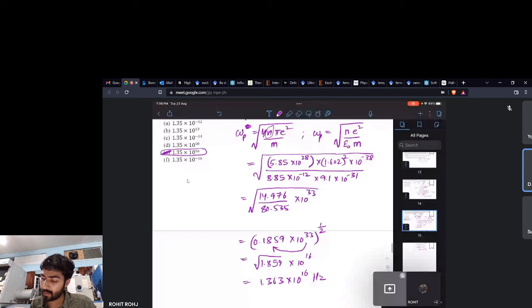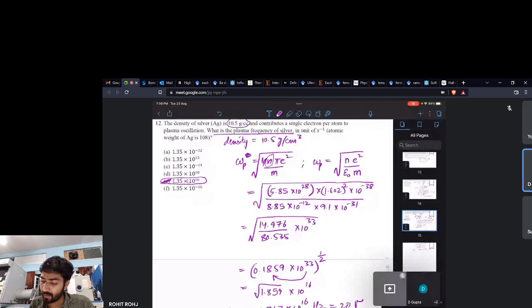But the question says to find the frequency in terms of hertz, and per second is hertz, so that is why I had a confusion. Should I divide by 2 pi or not?